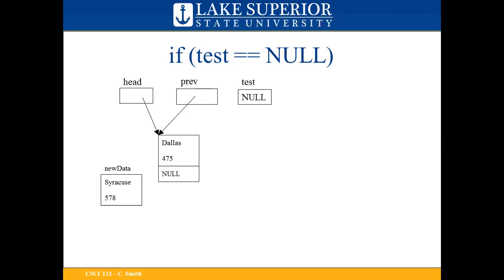It's going to be one of those special cases. So I'm just using this single node list to illustrate after the end. So indeed, test has walked off the end of the list. Previous is still pointing to the last node in the list. And so test is indeed equal to null.